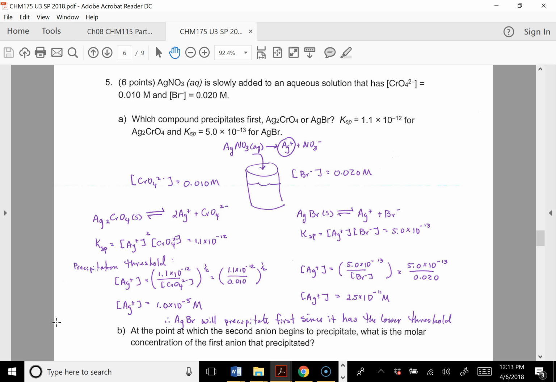A follow-up question was, when your silver chromate does start to precipitate, what will be the molar concentration of your bromide ion?